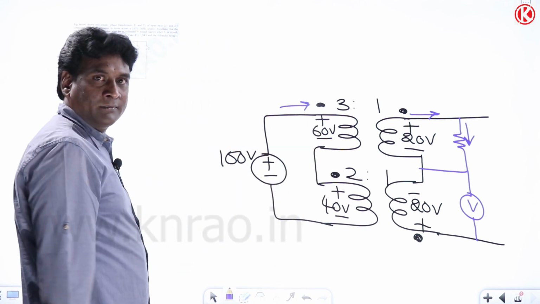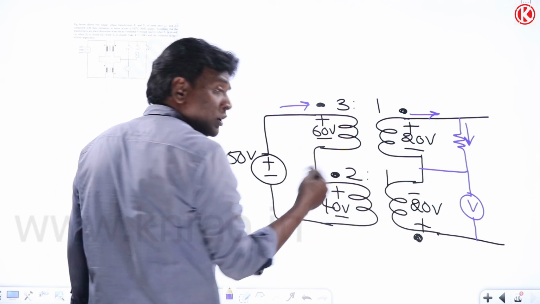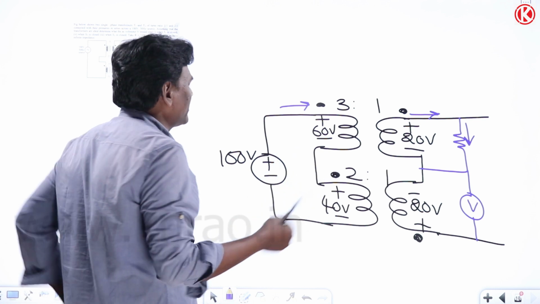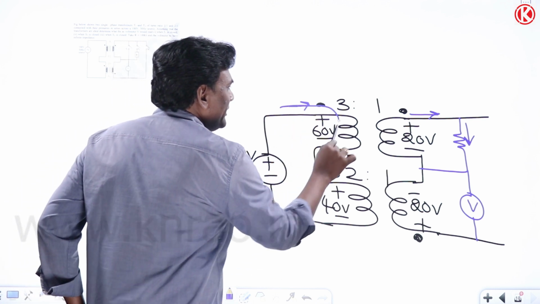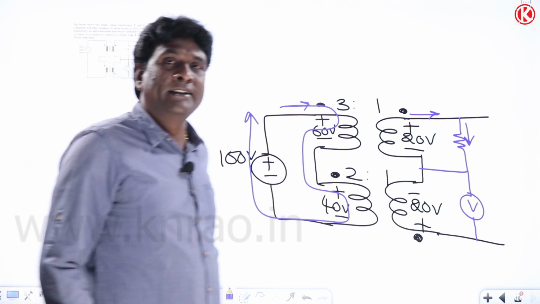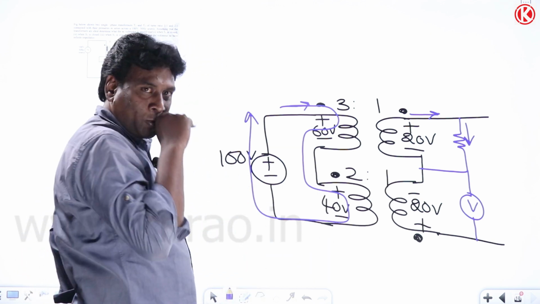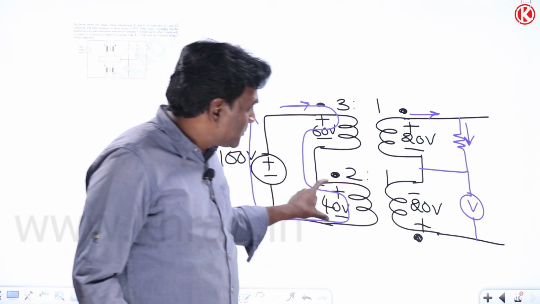That's fine. If currents are leaving here and entering here, in order to compensate the MMF, some kind of fluxes and all, the same current is supposed to flow through this, because the primaries are connected in series.